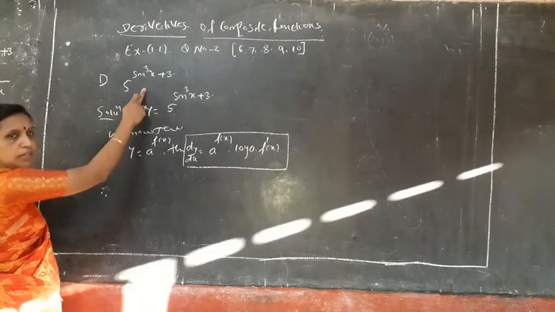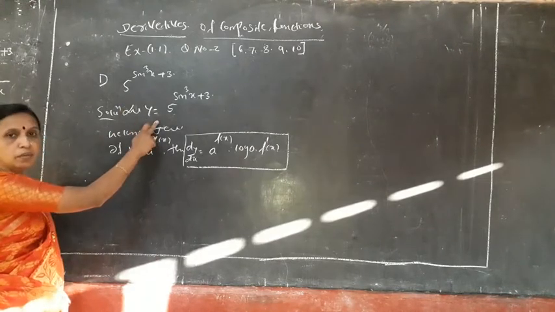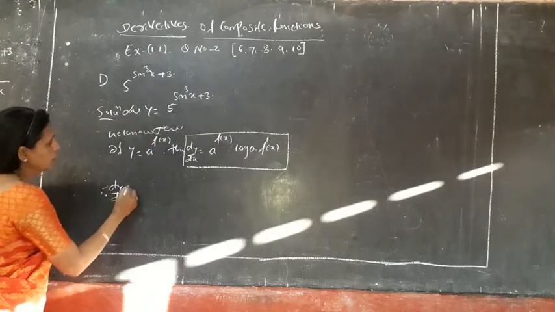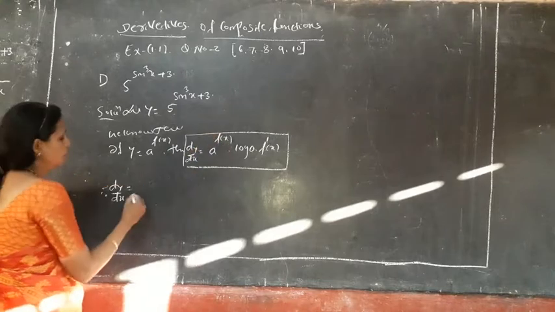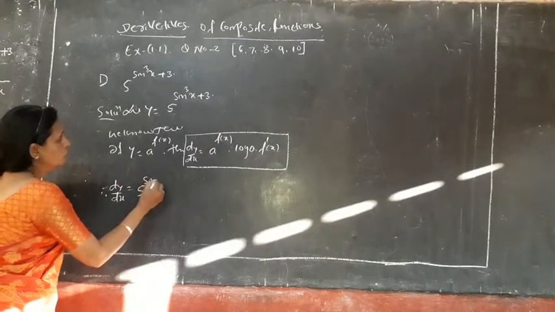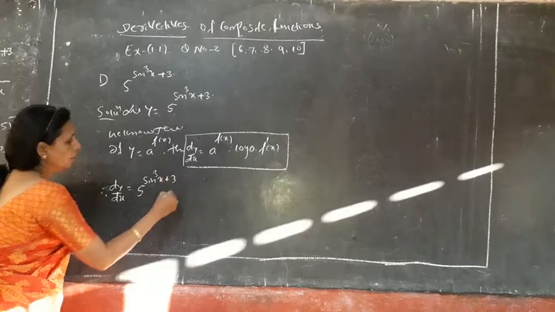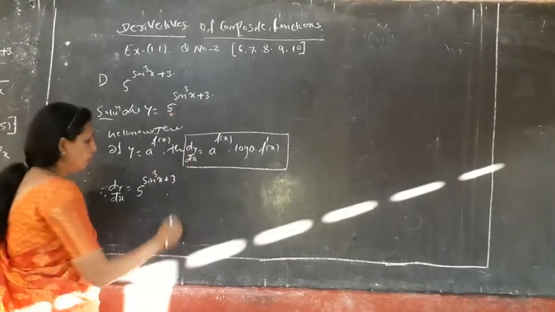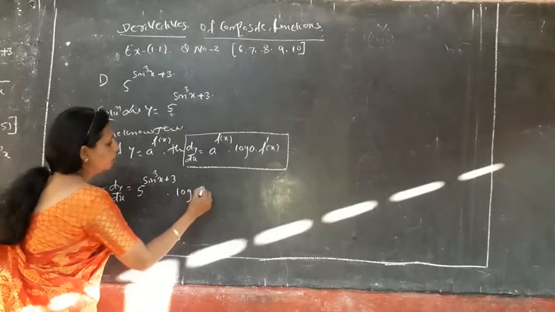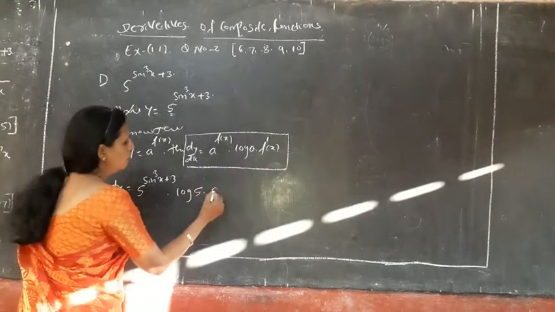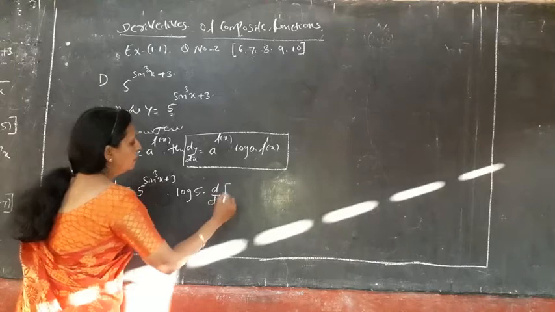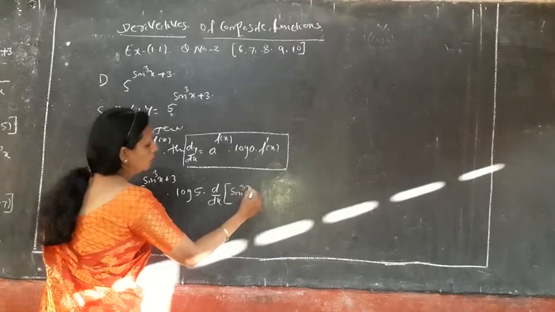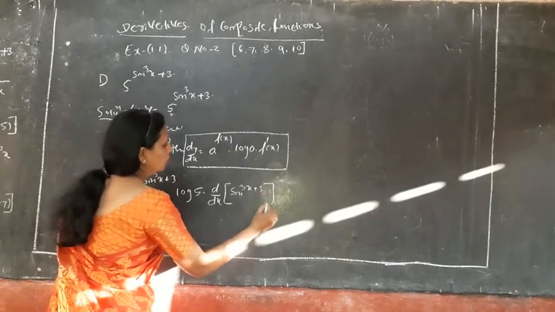Therefore, differentiating the above equation, we get dy upon dx equal to, first put a raised to f of x, that is a raised to sin cube x plus 3. Now write log a, here a equal to 5, so write log 5. Next, differentiation of the function, that is d dx of sin cube x plus 3.